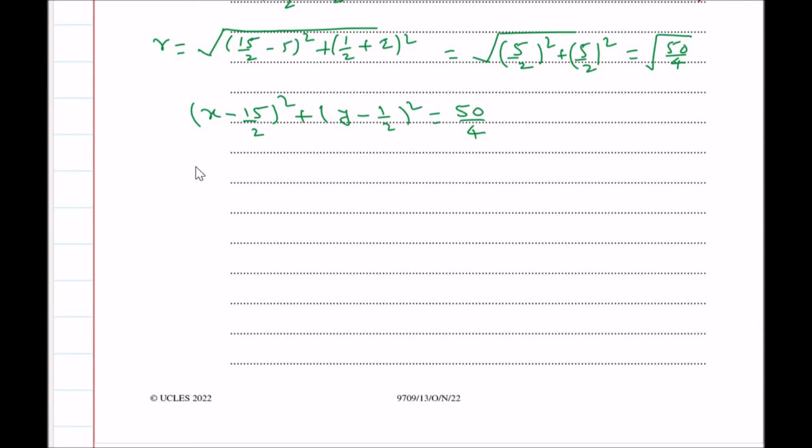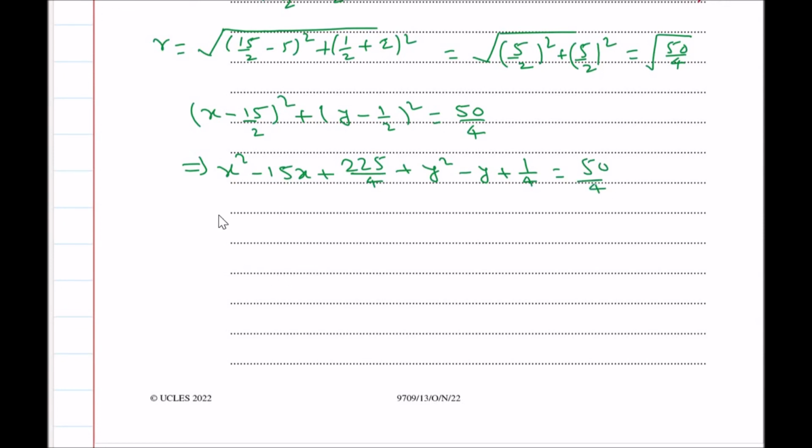Now we'll simplify this so that we get the answer in the given form. So let us expand the brackets. We get x square minus 15x plus 225 by 4 plus y square minus y plus 1 by 4, that is equal to 50 by 4.